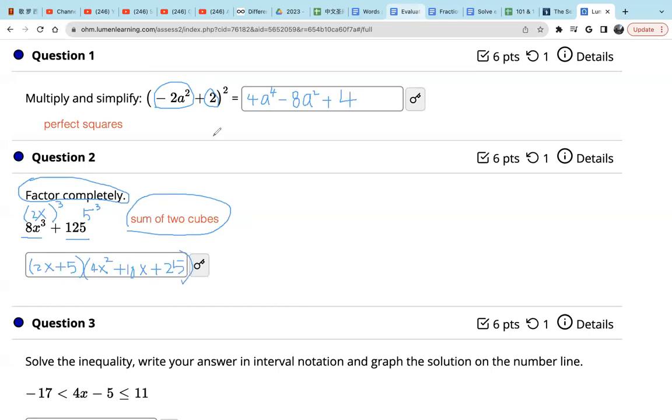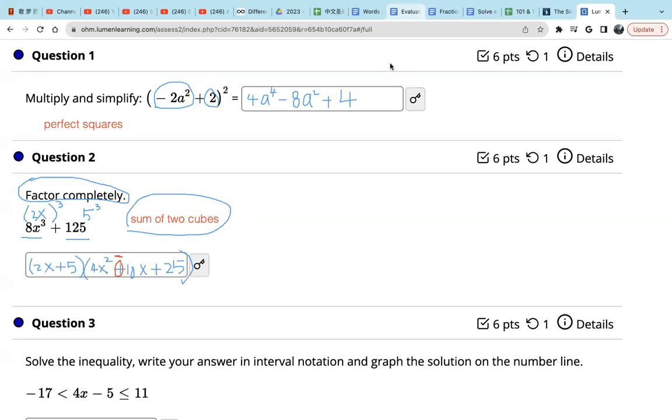It's not plus, this is a minus. This term is minus. If this were minus in the first one, then that would be all plus. So in this case, the answer is 2x plus 5, a factor. Another factor is 4x squared minus 10x plus 25.